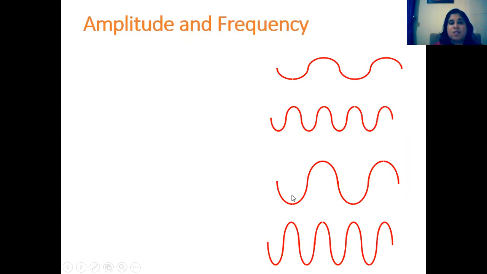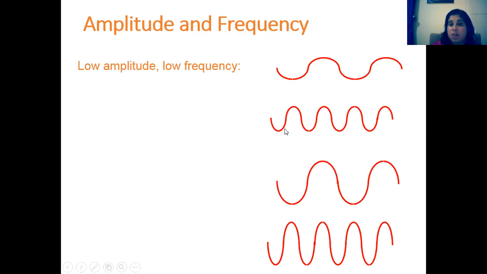Now, look at the pictures carefully. Where do you think the amplitude is higher or lower? Over here in the first picture, the amplitude is low. Can you see? The distance is small. This is the amplitude. The distance is small.